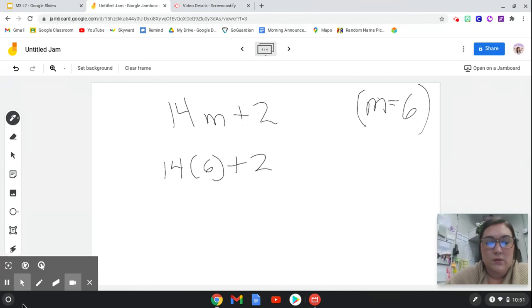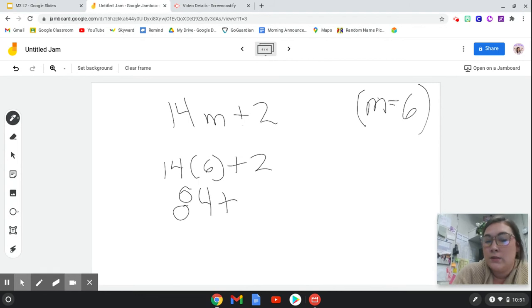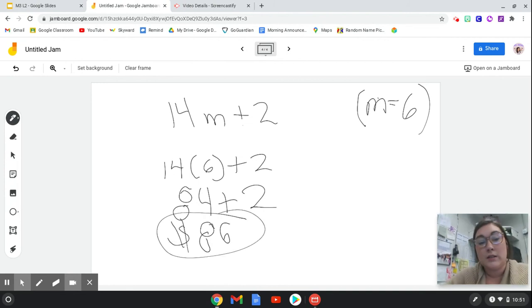Well, I don't know what 14 times 6 is off the top of my head, so I'm going to grab a calculator and put in 14 times 6. Oh, that's 84, plus 2. So now I have $86. So Margot would pay $86 in 6 months if Carissa was contributing the entire time.